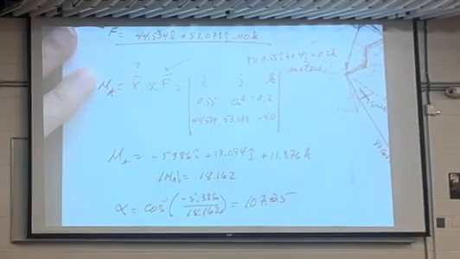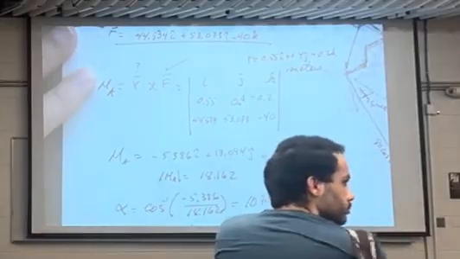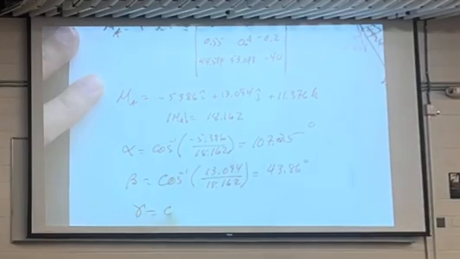Beta is cosine inverse of 13.094 divided by 18.162, which is 43.86 degrees. And gamma is cosine inverse of 11.376 divided by 18.162, which is equal to 51.22 degrees.